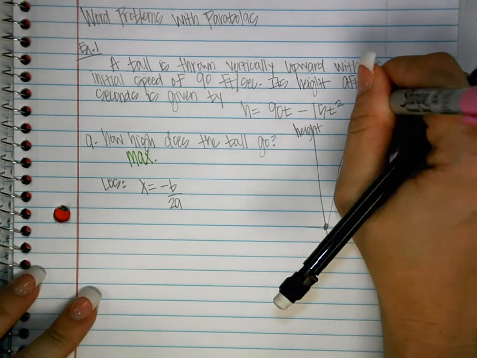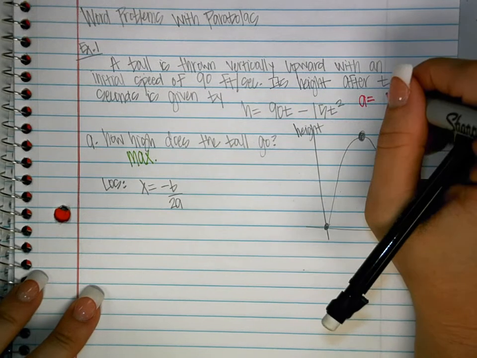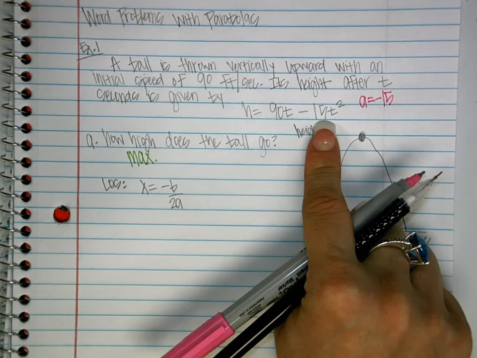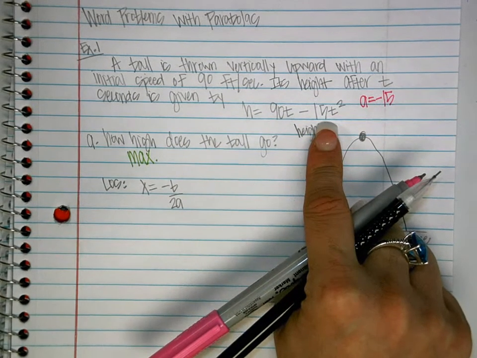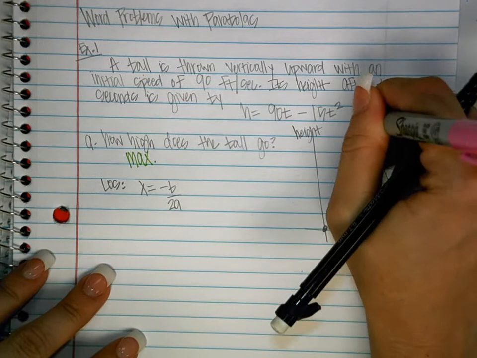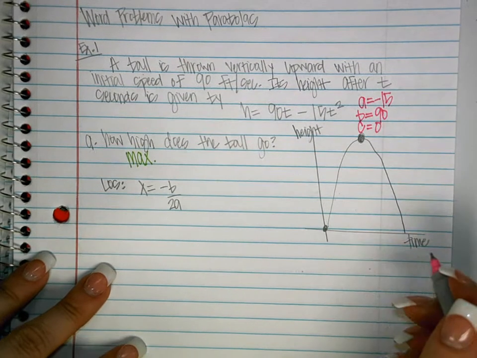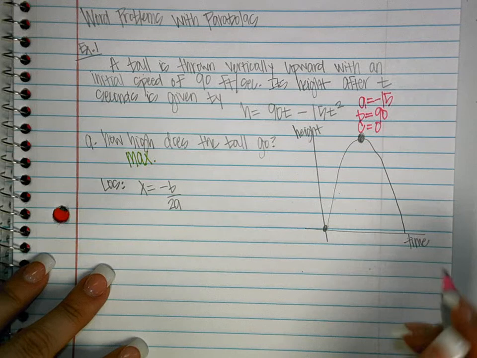Here, a would equal what? Negative 15. Remember, a is always the coefficient attached to the x squared, or in this case, the t squared. B will equal 90. C is 0, but we don't need C, so it's not a big deal.